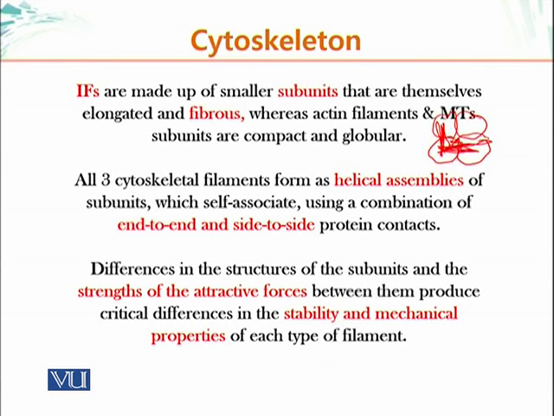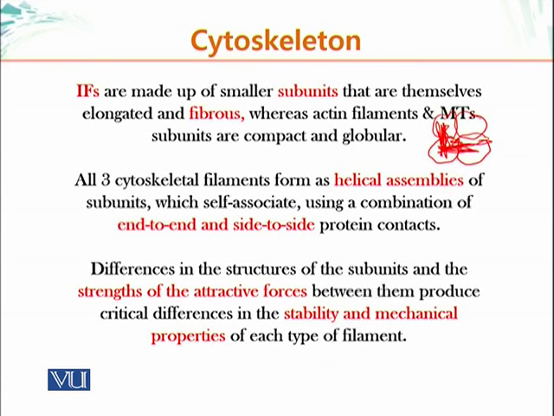Differences in structures of subunits and strength of attractive forces between them produce critical differences in the stability and the mechanical properties of each type of filament. So the amount of forces between the subunits will determine the stability and mechanical properties of the filaments.